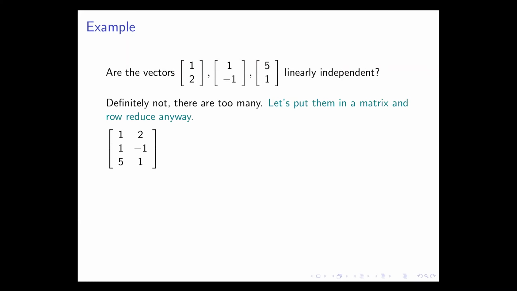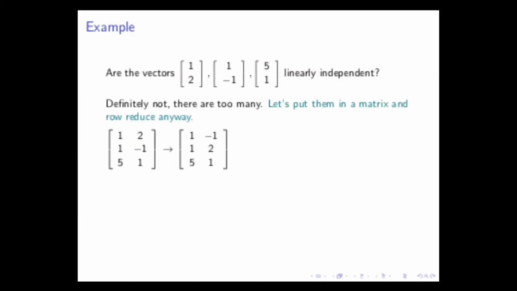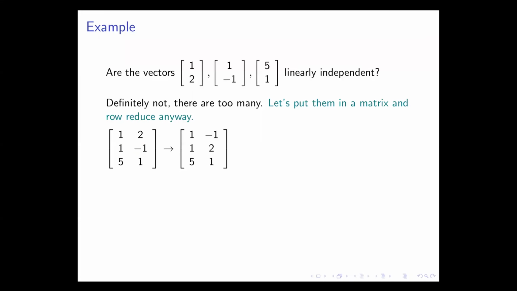So we're going to put them in a matrix, in rows, right? This is the first vector, this is the second vector, and this is the third vector. The first step, we swapped the first and the second rows.